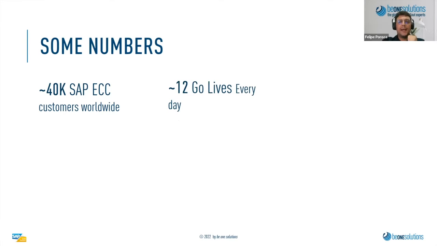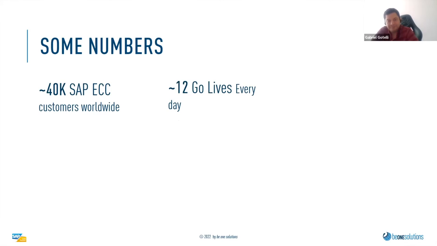So remember my last slide. If all these customers need to move to SAP S/4HANA, otherwise they lose their support contract, this is mathematics, right? If we do some calculation here, to attend these 40,000 customers moving to S/4HANA, we would need to go live every day with 12 customers, every day.